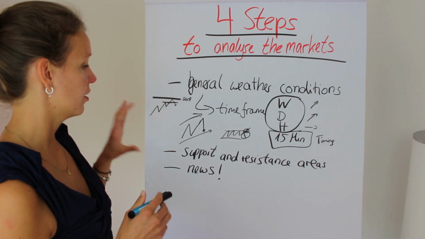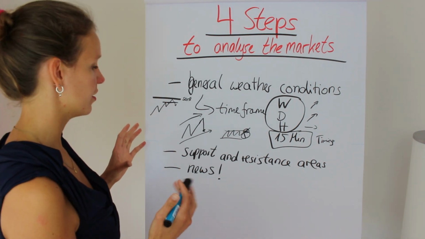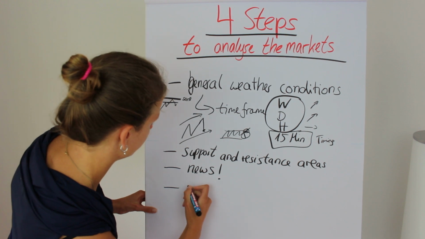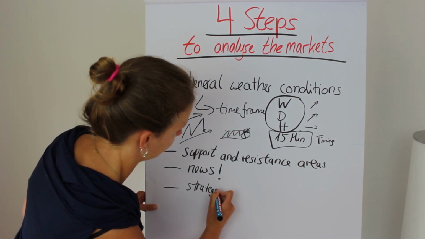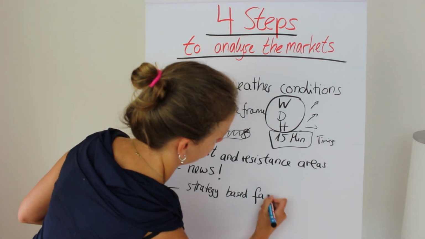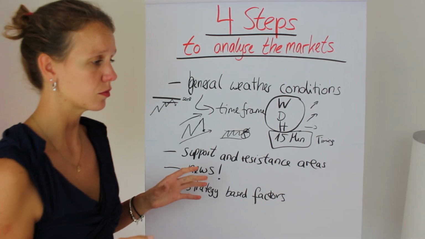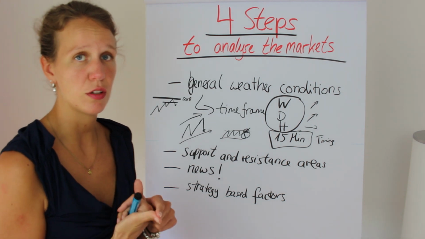Okay, now you have the really general analysis done, and what's left are the strategy-based factors. And this part is really individual. First you have to know: are you doing a trend following strategy?